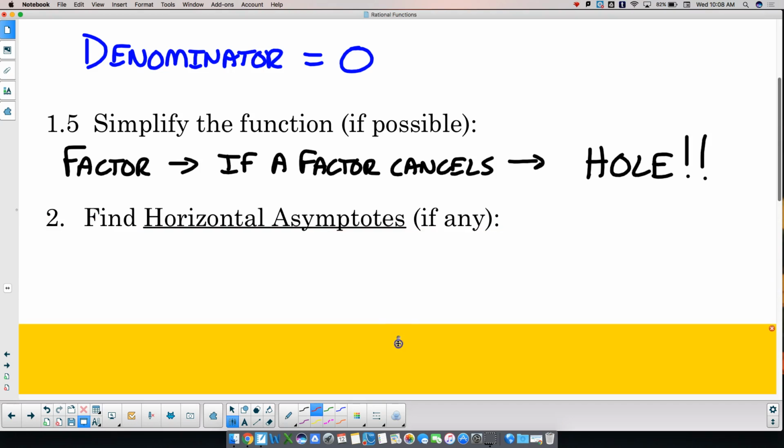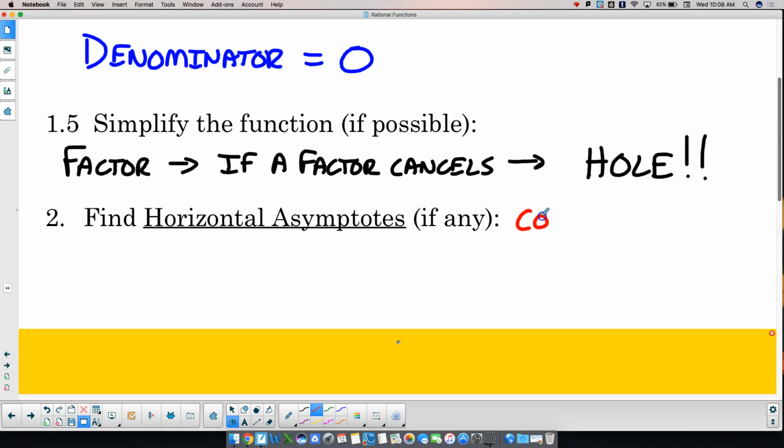Horizontal asymptotes. Okay. If there is any, right? How do I find the horizontal asymptote? Compare your degrees. Yep. What are my 3 options?